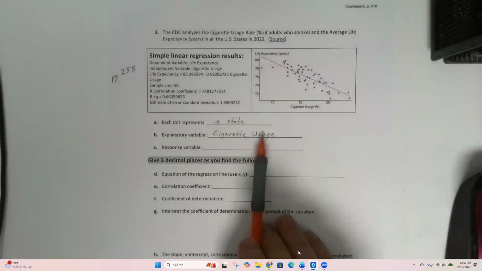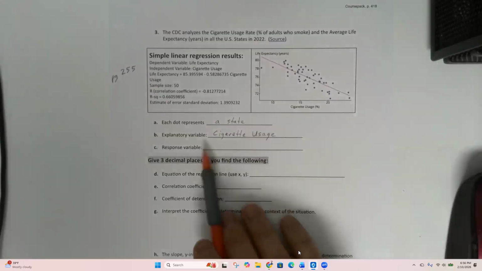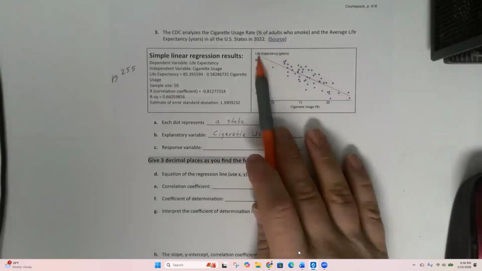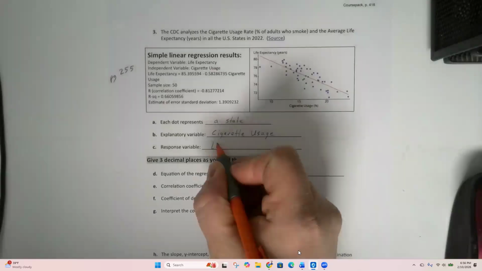So does a state have control over cigarette usage? I mean, kind of. You can raise taxes on it. You can outlaw it, right? You can't completely control it, but the y-axis is a thing that you have less control over. So the response variable in this case is life expectancy.